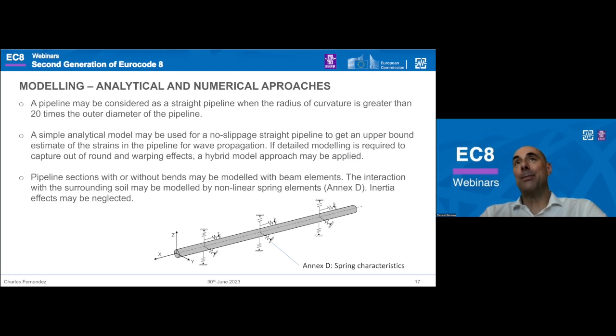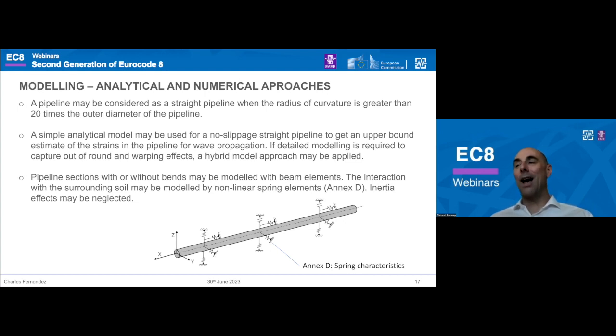Each spring is associated with specific load-bearing curves and load deformation curves in each direction. This enables us to derive the spring stiffness for different soil properties and to connect this spring stiffness to the pipeline. So this is a really simple model.